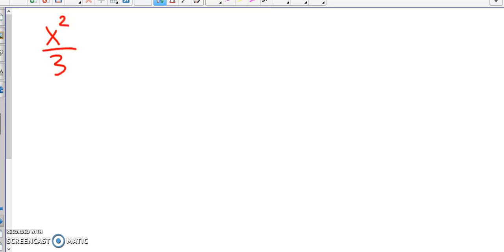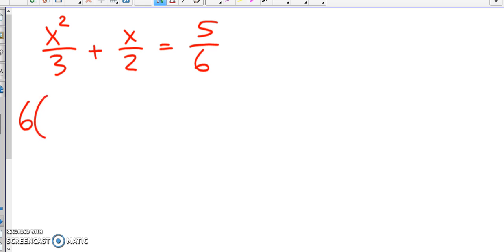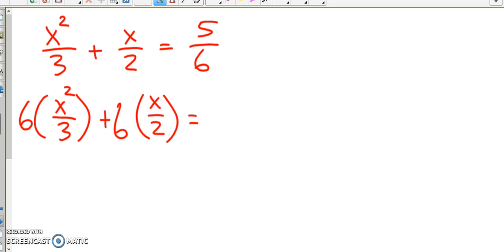So let's look at this one. You should already be looking for a common denominator. Common denominator is 6. Hopefully you see that.